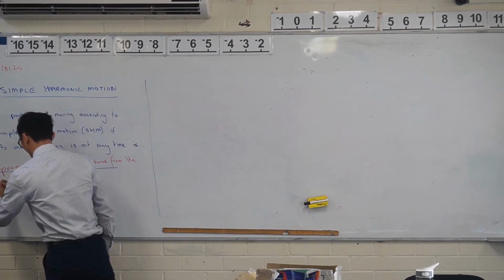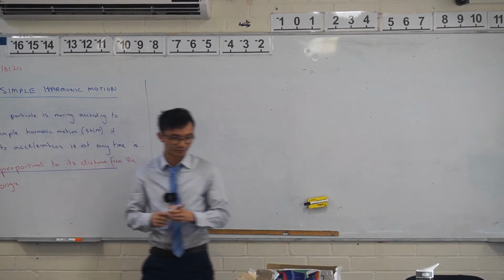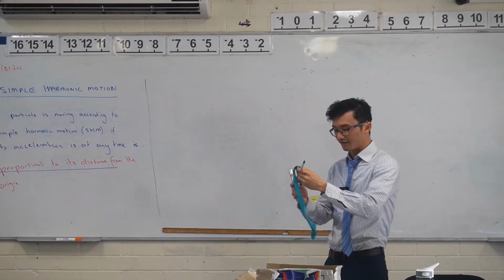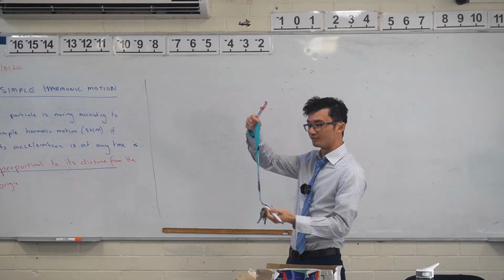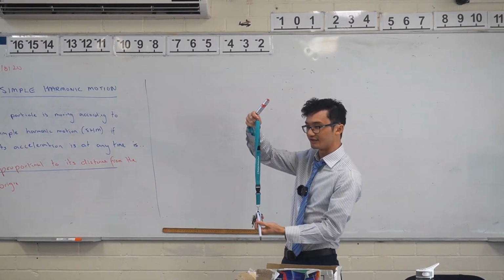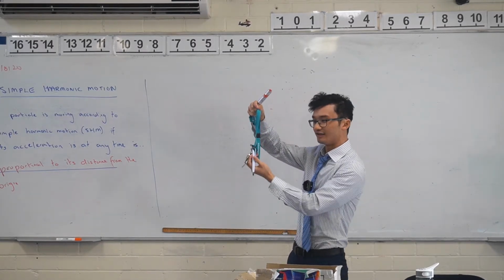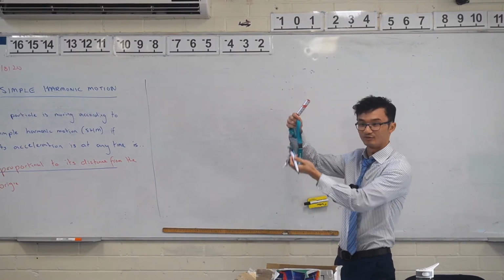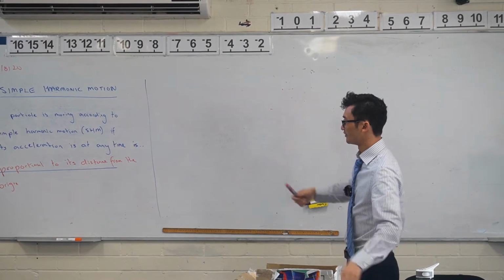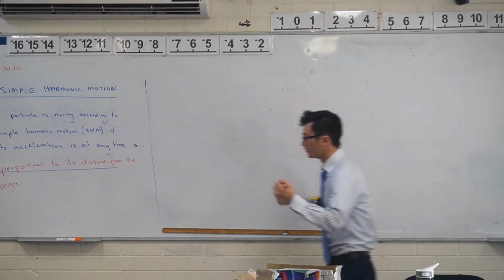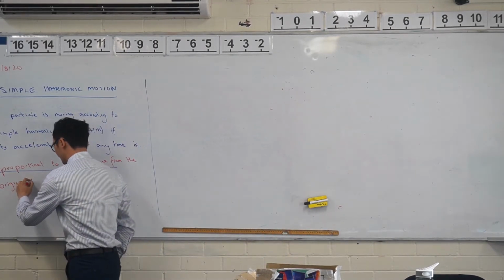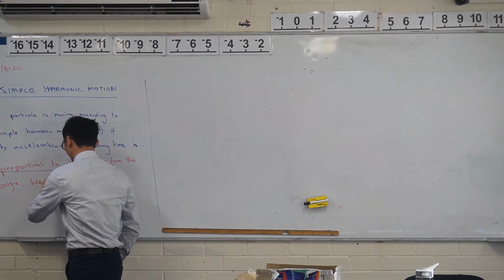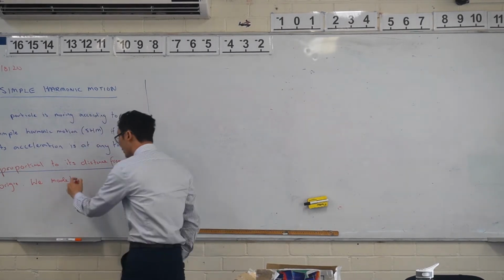If you think about what that's saying, think about a spring: the further away it gets from the origin, the more the acceleration is affected. The more you pull it away, the more it wants to bounce back to its original point. That's the intuition behind it, and as you'd expect, we tend to model these with the trig curves.